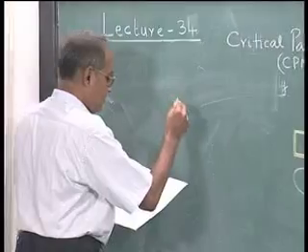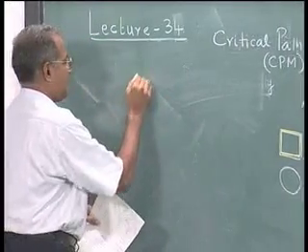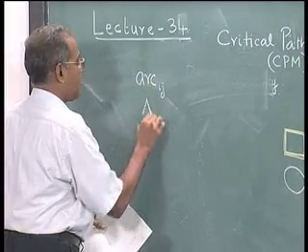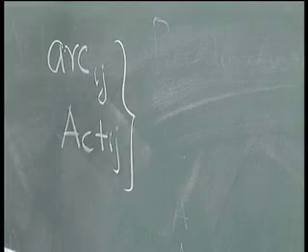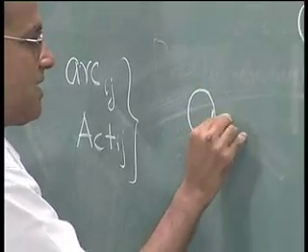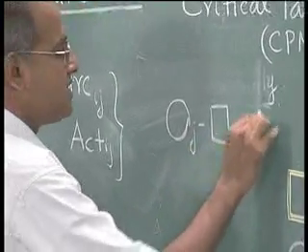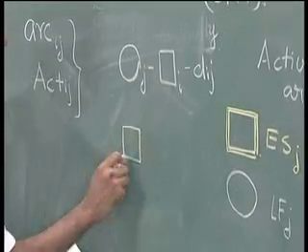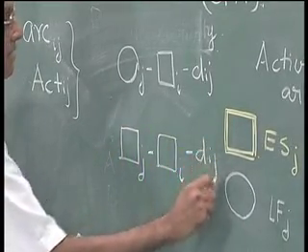Let us find out, for example, for a particular arc ij, or for an activity ij, let us define the backward pass quantity j minus forward pass quantity i minus dij, and let us also define the forward pass quantity j minus forward pass quantity i minus dij.